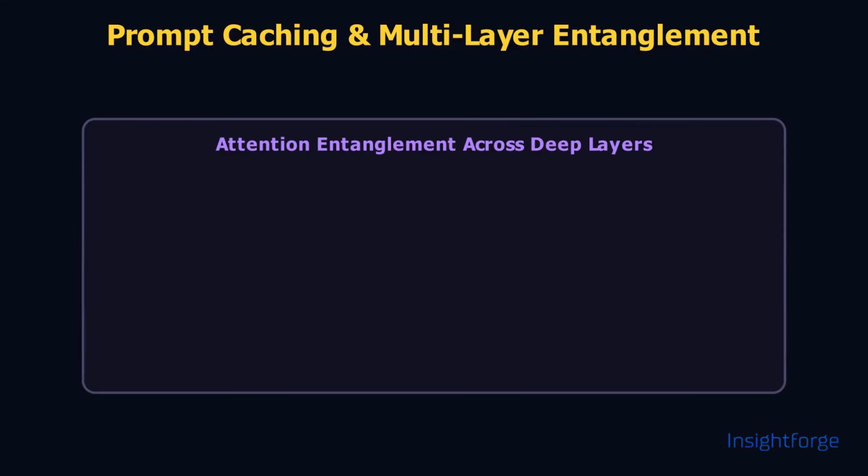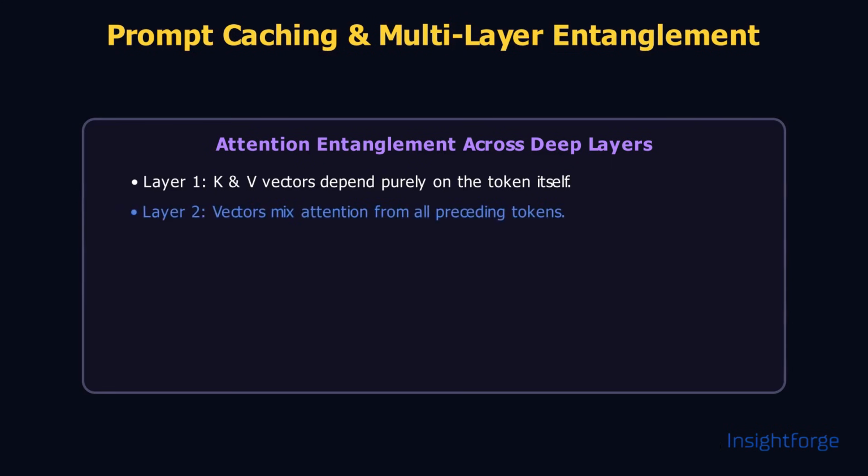To see why, we have to look at how attention mixes information across layers. At layer 1, the key and value vectors for a token depend almost entirely on the token itself. But at layer 2, those vectors are computed from layer 1's output, which has already mixed in attention from all preceding tokens.